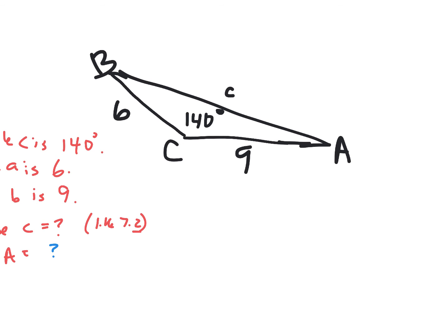Jacob, have you finished with letter C yet? Yeah. And what did you get? I got 14.1. Can anybody verify 14.1? All right, excellent. And then angle A. I'm guessing you probably used law of sines for that.